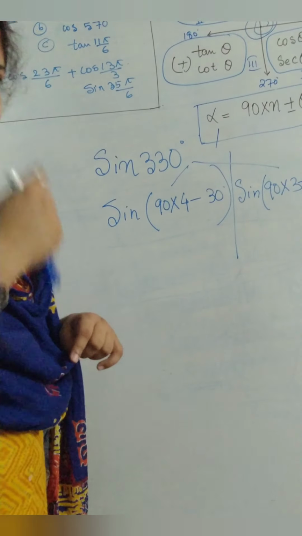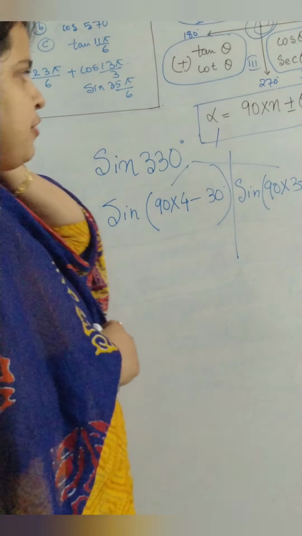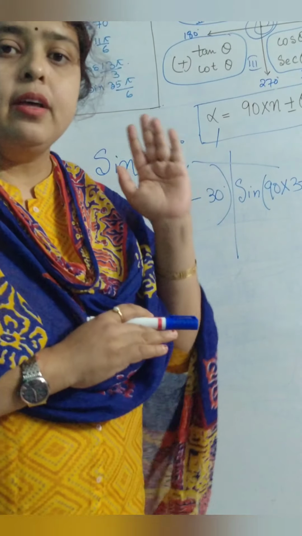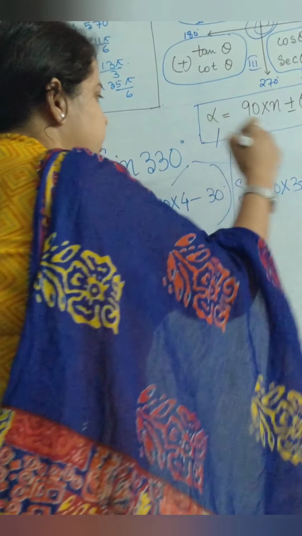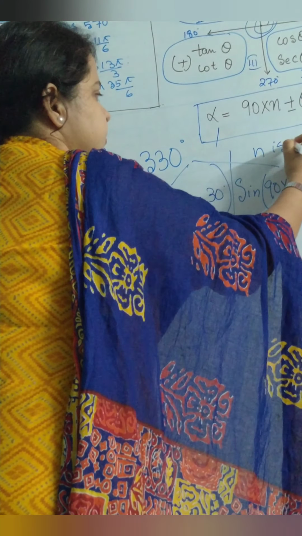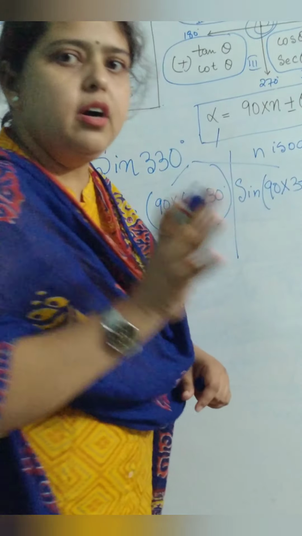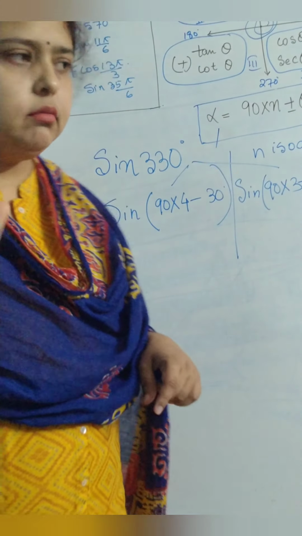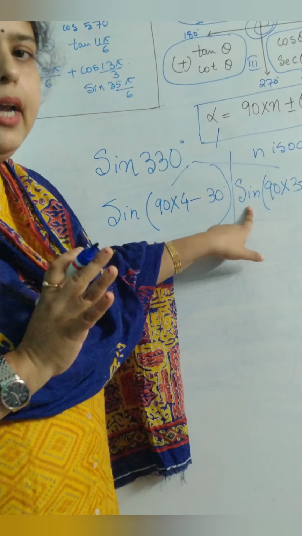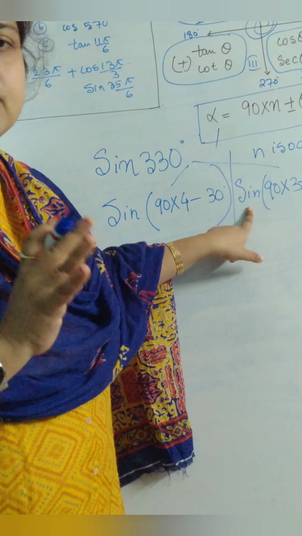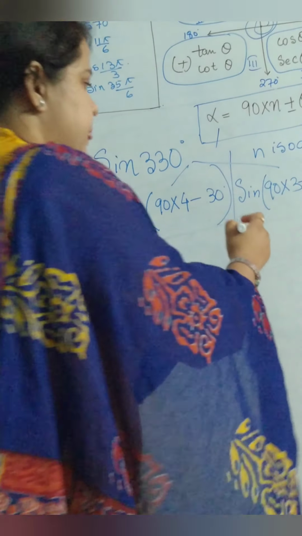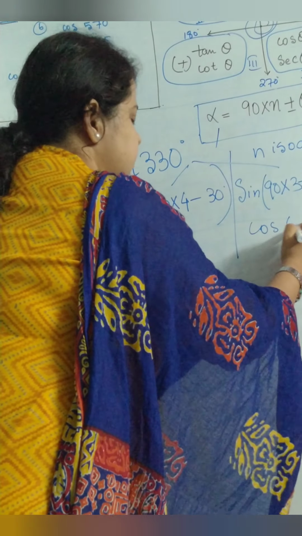So please do remember, listen very carefully, whenever n is odd, the ratio will convert itself to its complementary pair, that is, here, cos 60.